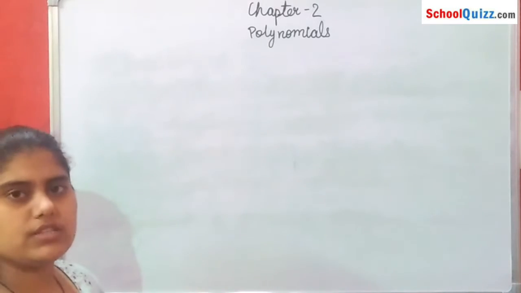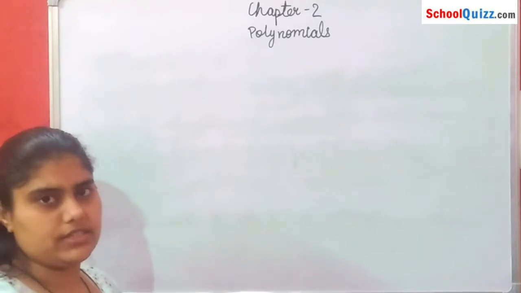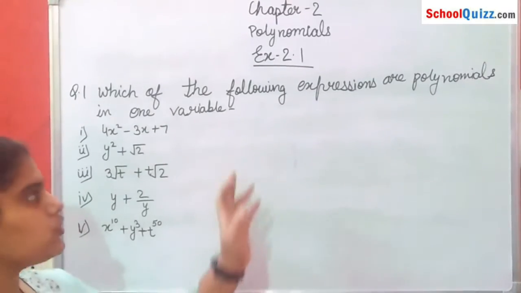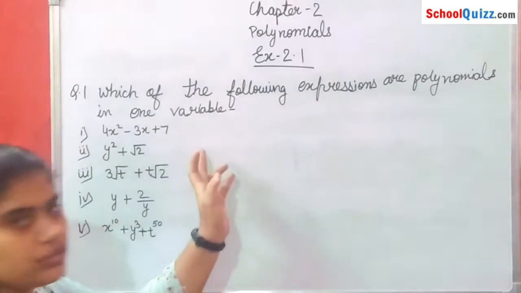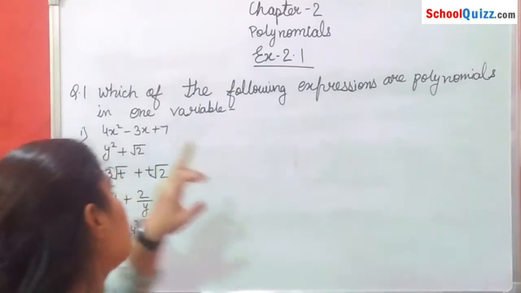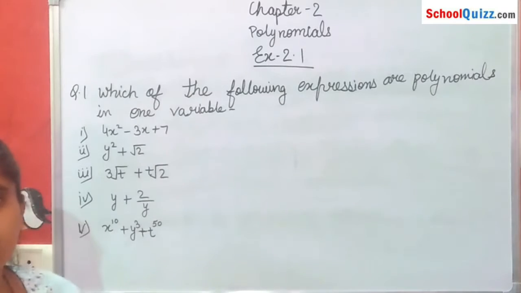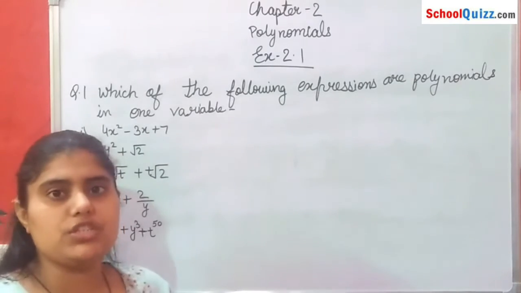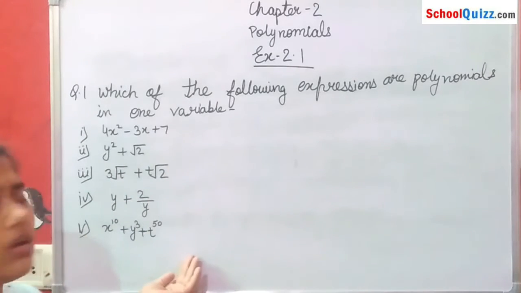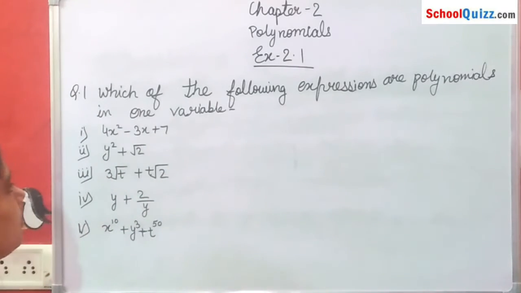Now moving to exercise 2.1 of NCERT. We have the first question: which of the following expressions are polynomials in one variable? Means in the following expressions there must be only one variable. So now solving the questions.